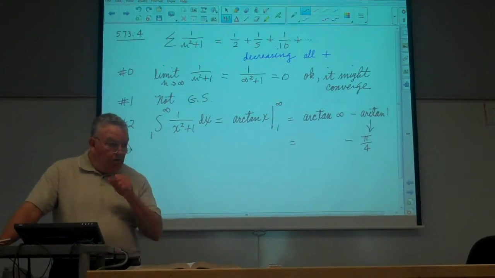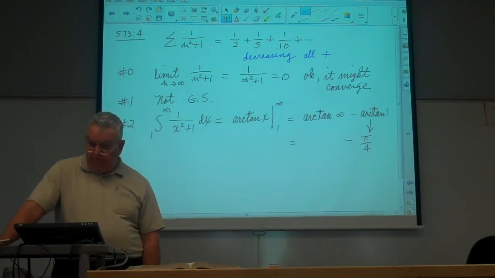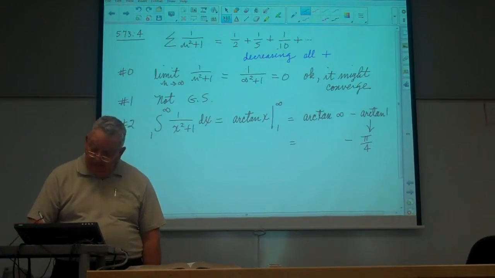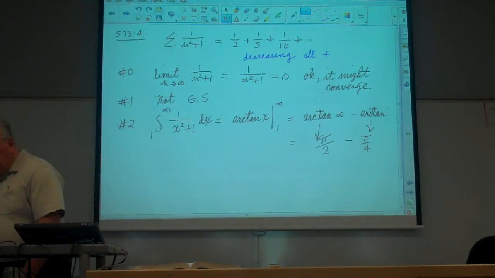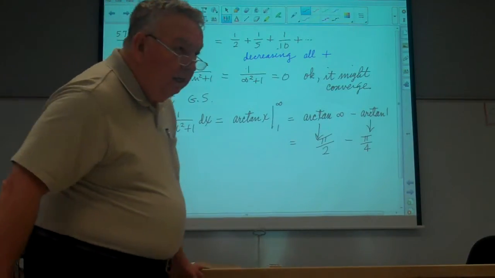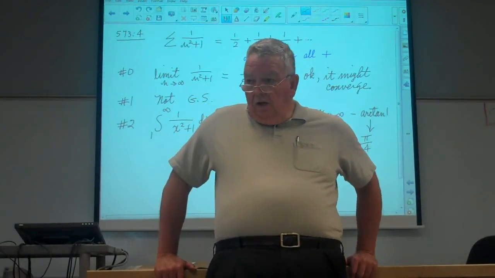What angle has a tangent of infinity? There is none. Yeah, there is. You know how I remember that? The tangent is equal to the sine over the cosine, right?